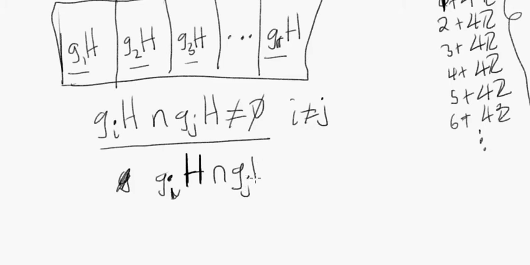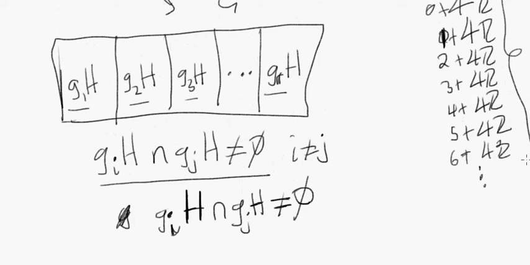There's some element in this intersection. That's quite possible. So does that mean we're screwed? Does this mean that this partition won't work? Yes, that's what it means. This partition will not necessarily work.